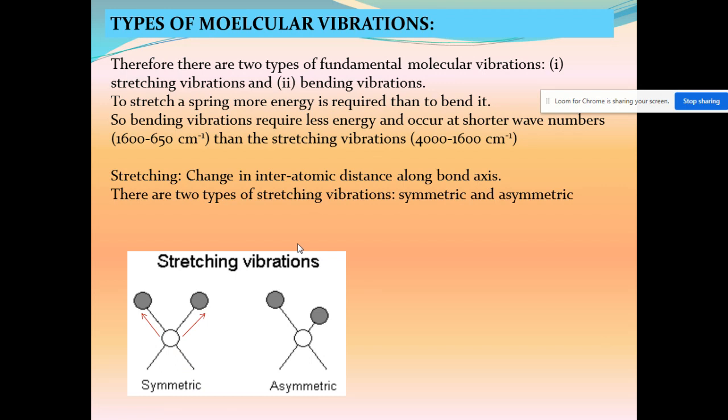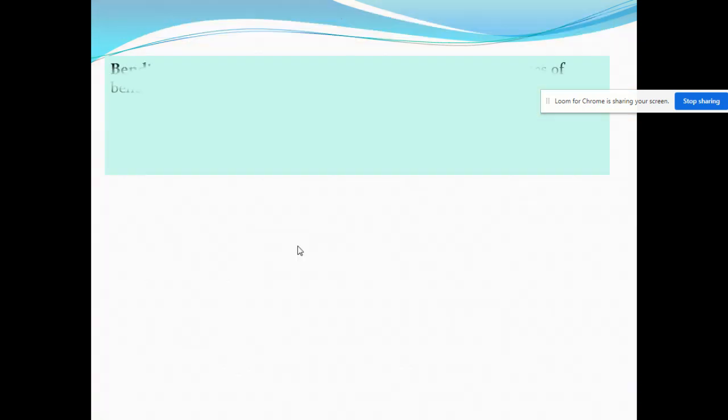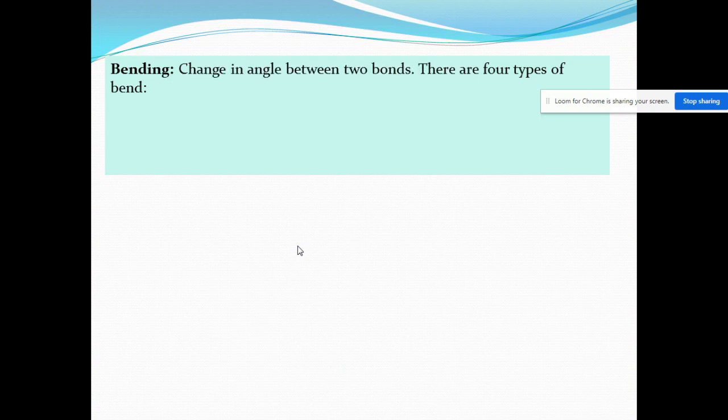In this type of stretching, the movement of atoms with respect to particular atom in the molecule occur in the same direction. And in the case of asymmetric stretching, one atom moves in while other atom moves out.